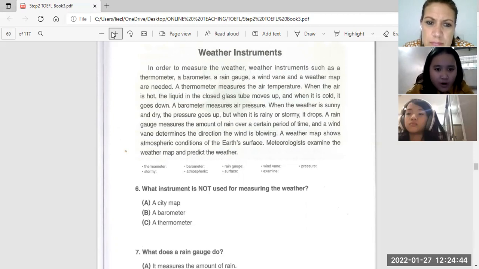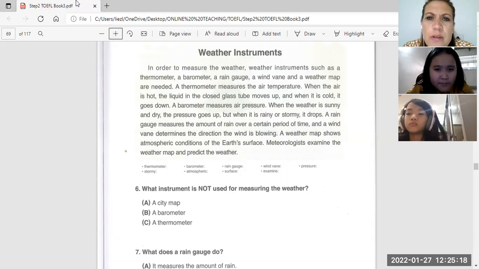A thermometer measures the air temperature. When the air is hot, the liquid in the glass tube goes up.